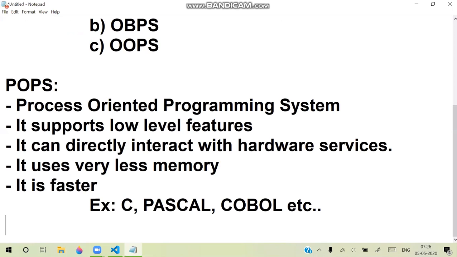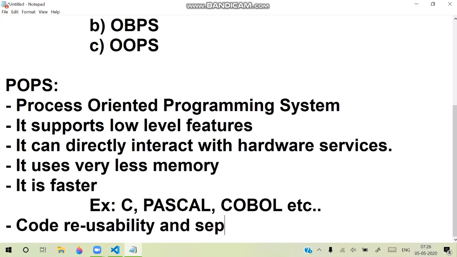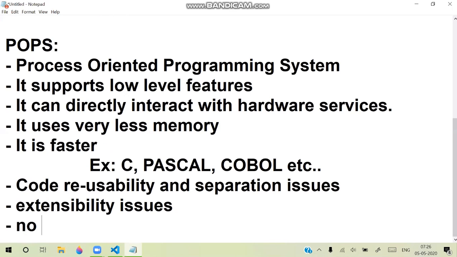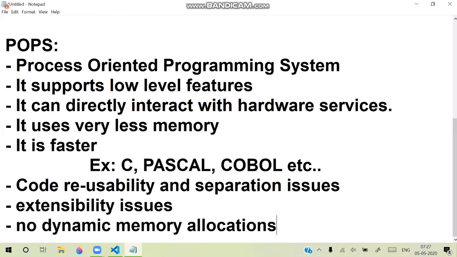What are the drawbacks of these process-oriented programming systems? Code reusability and separation issues are there. Extensibility issues are there. No dynamic memory allocation.